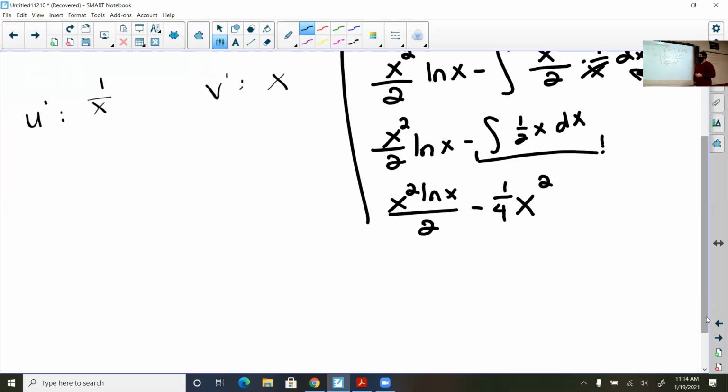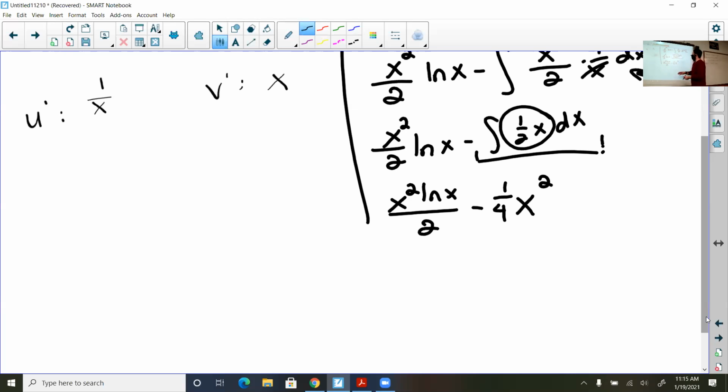I would want a 1/4 in front of it. Because again, if I take the derivative of this 1/4 x squared, its result should have been my integrand. And if I bring down the 2, I get 2/4 or 1/2. And if I subtract 1, I get 1. So I do get 1/2 x.